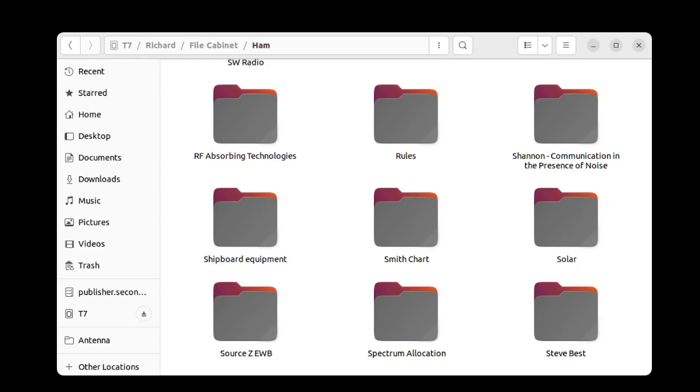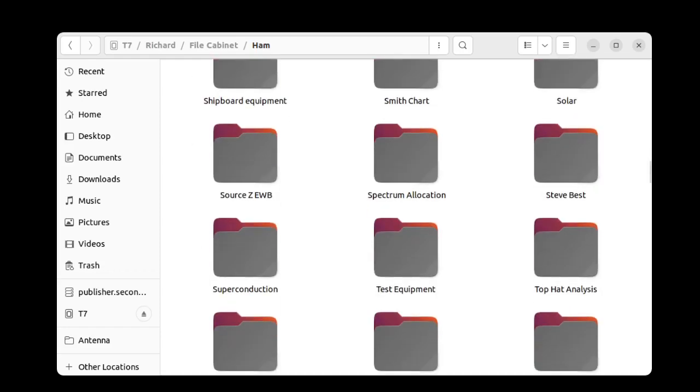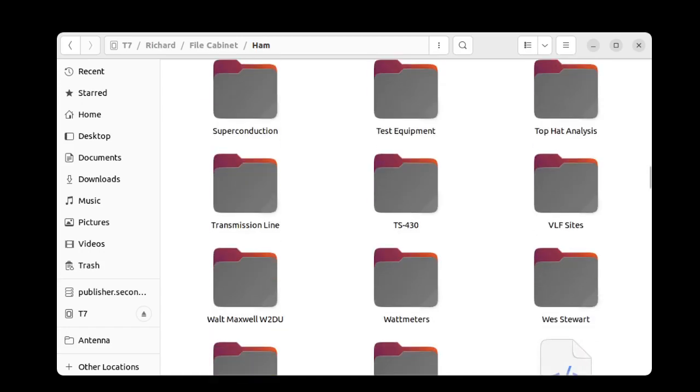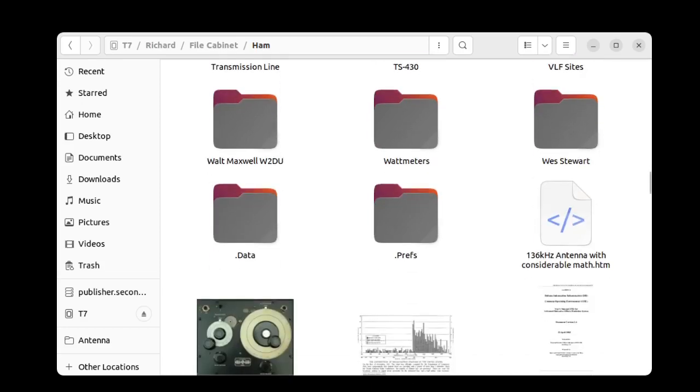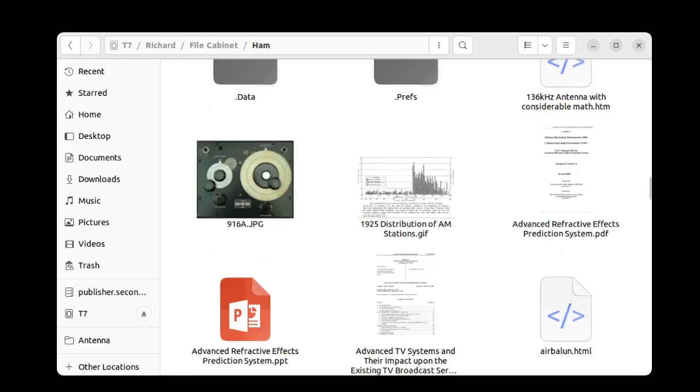Smith chart again, spectrum allocation, source impedance, superconductivity, top hat analysis, my TS430, VLF sites, and some other things here, like my 916A, yes.